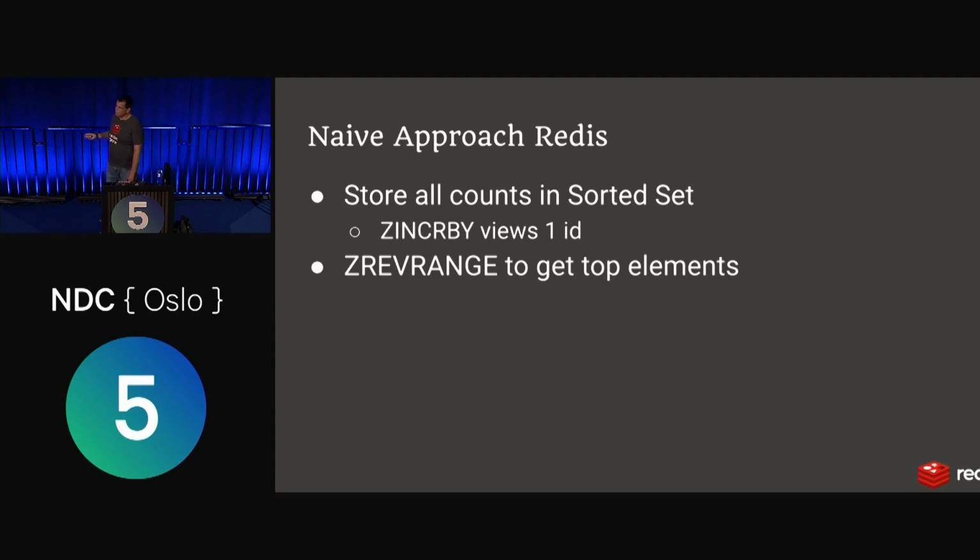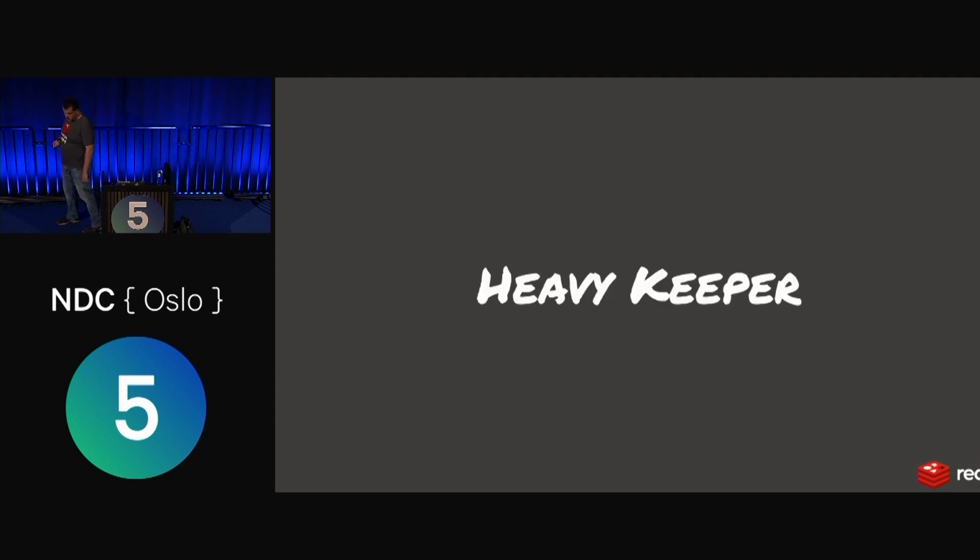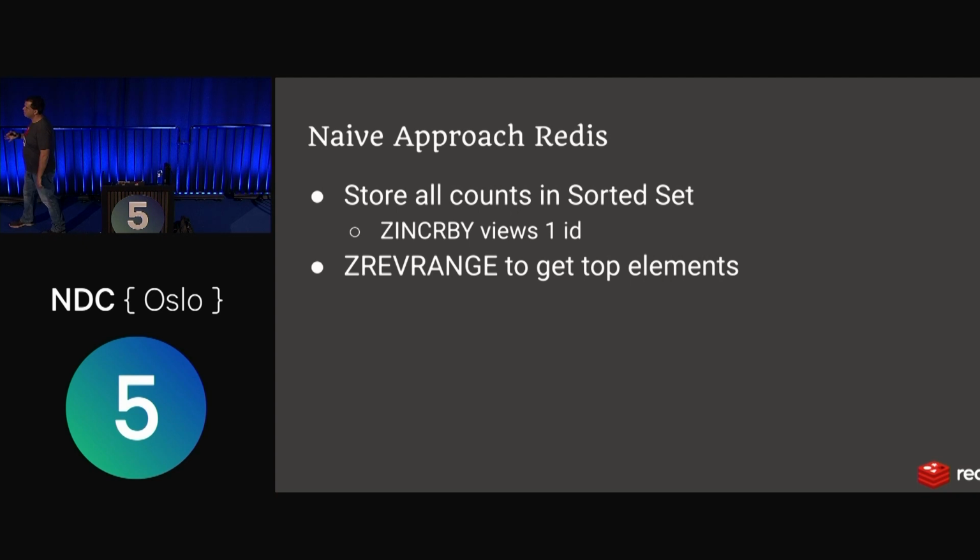And then you would do a ZREVRANGE to get the top elements. The problem with both of these is that you have to store all the data. And in the case of the SQL table, it's really expensive from a time complexity perspective. I think it's more than order n, probably order n log n or something to that effect. It's quite expensive to go in and query all that.